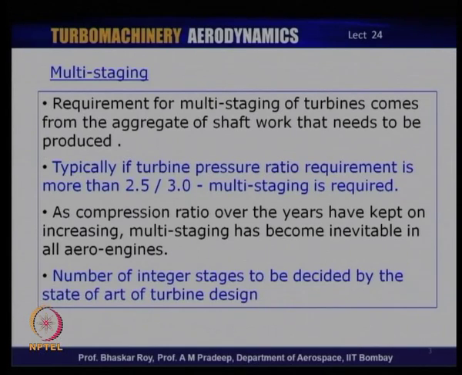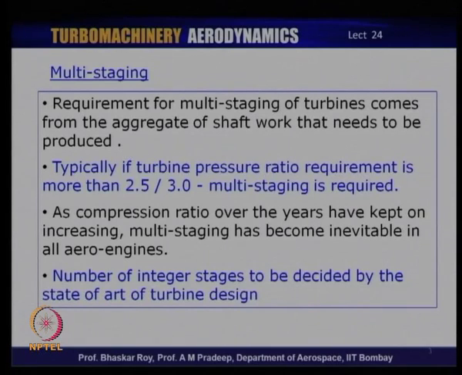Now, the number of stages of course would have to be a round number, an integer, and that has to be decided by the state of the art of the turbine design. In the sense, the first stage in the aero engines is typically likely to be a cooled turbine, so it may take more pressure ratio or work done.